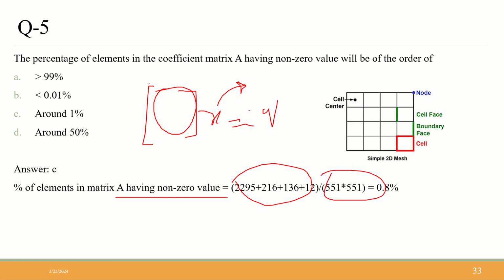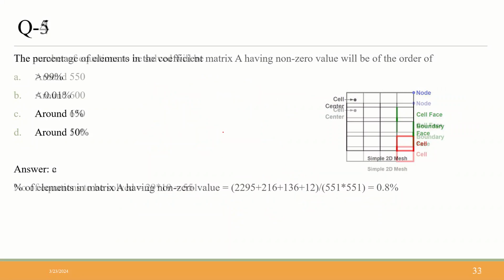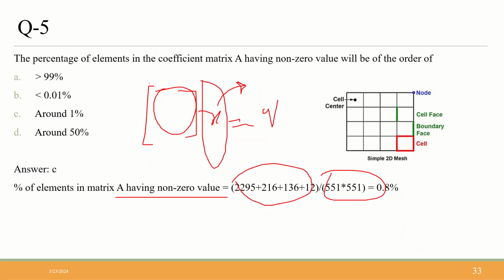That is like we have 551 interior points, right? 551 equations to be solved. So x is 551. So A is 551 cross 551 and Q will be 551 again.